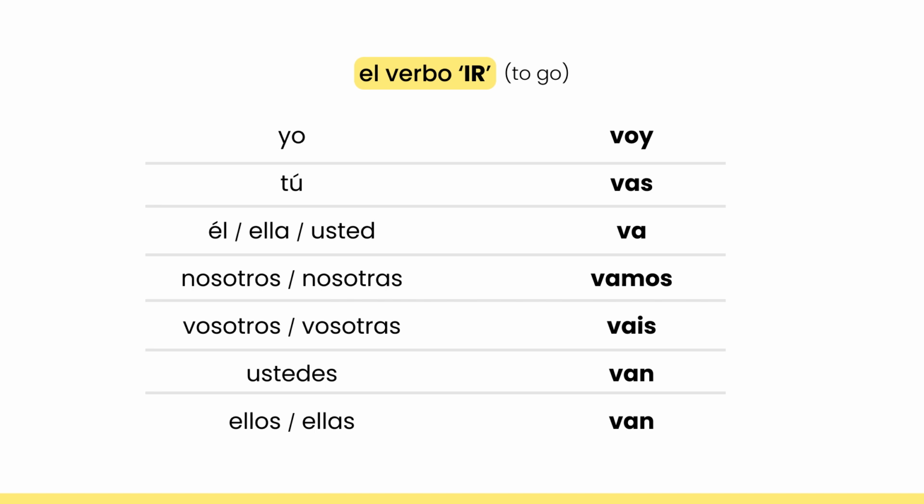For él, ella, usted, we add an a. So we leave out the as at the end. Then for nosotros, nosotras, we add amos, and so forth. So in a way, it follows the same principles or rules as regular verbs do. However, the verb itself, which is the verb ir, actually changes a lot because we go from ir to v-o-y or v-a-s and so forth.